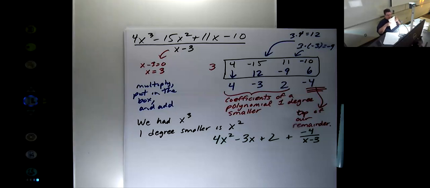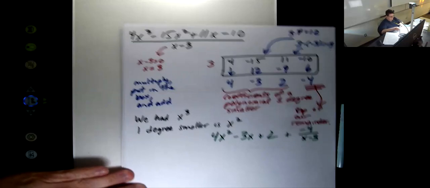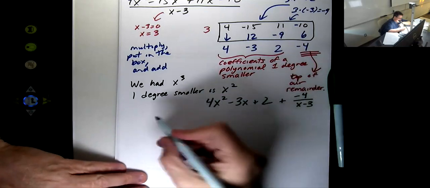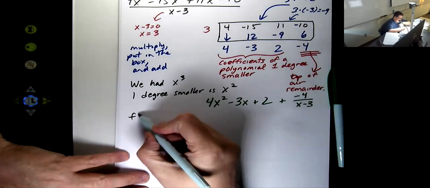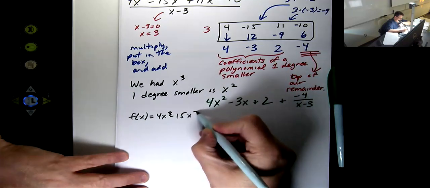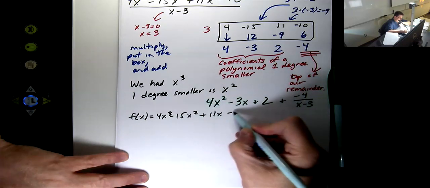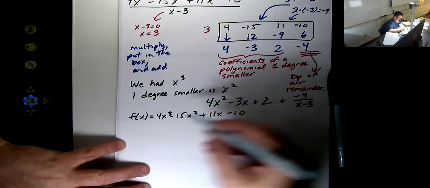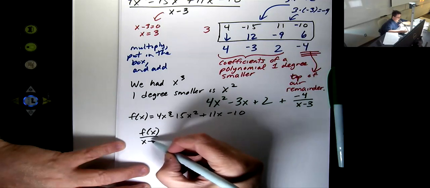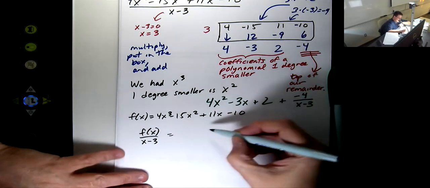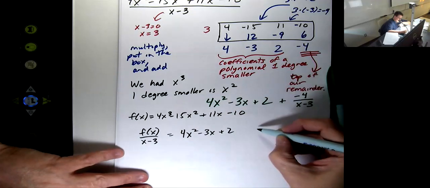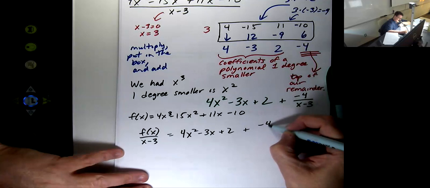Where we're going with this, we're going to do more with this next Monday. But if I write this as, let's say, f of x equals 4x cubed minus 15x squared plus 11x minus 10, and so I had f of x over x minus 3 equals 4x squared minus 3x plus 2 plus -4 over x minus 3.